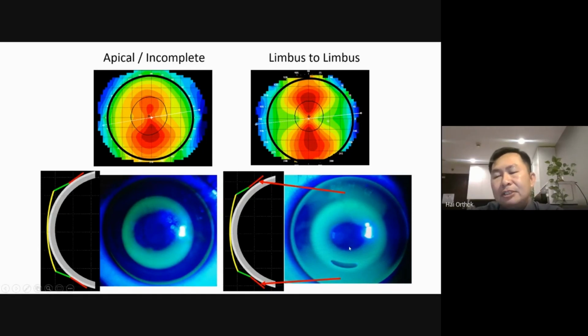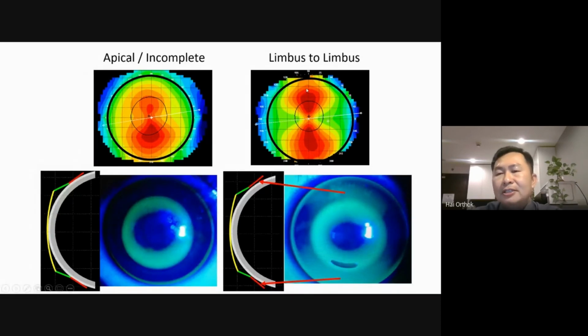However, if you apply the same spherical lens on the limbus to limbus eye, you will see a channel of tear at 6 and 12 o'clock, which means that even though the entire system of the cornea right here is dipping out, the toricity part is lower.